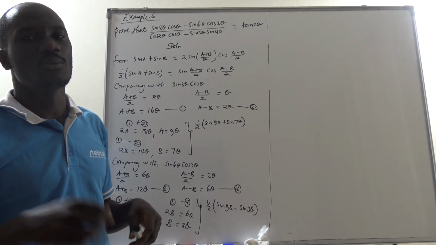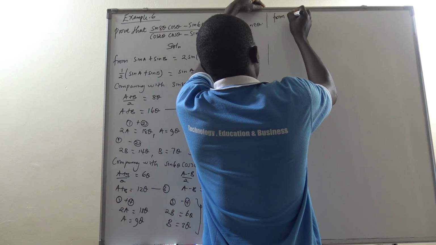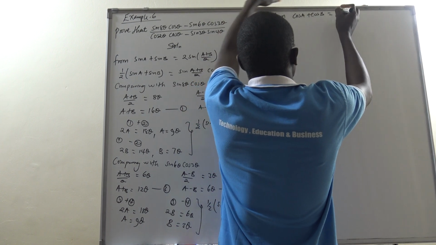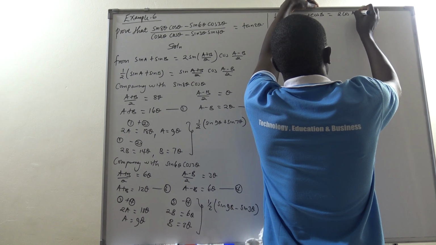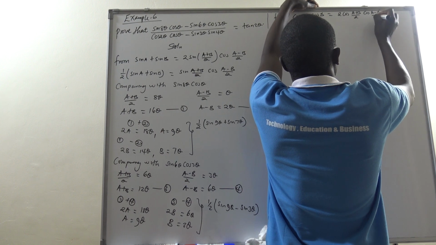We also come down and we also see which factor formula was bringing cos. That means it came from cos plus cos. We can say from cos A + cos B, which is given as 2 cos((A+B)/2) cos((A−B)/2).